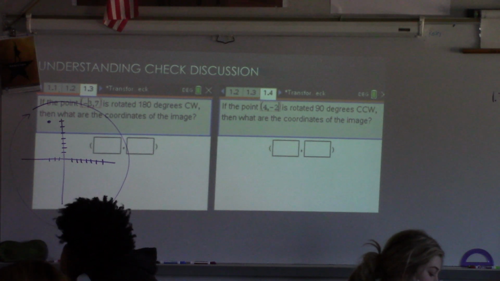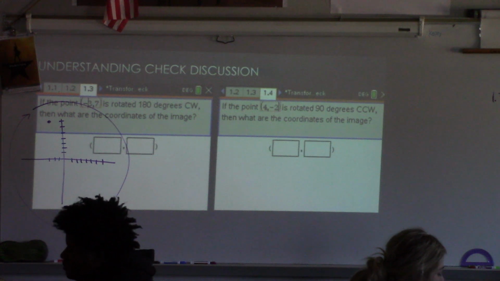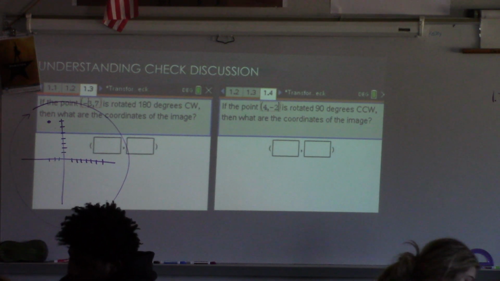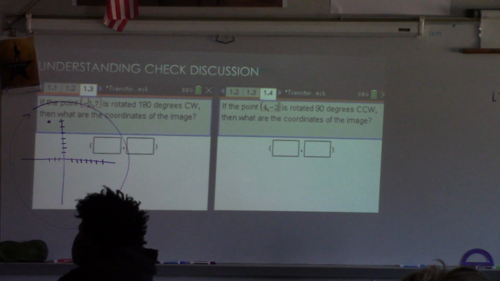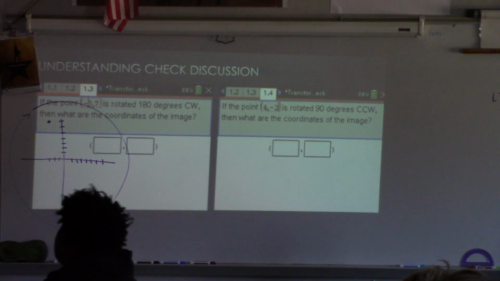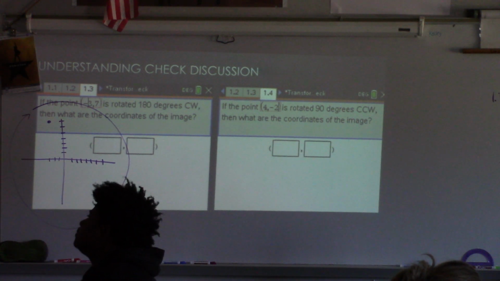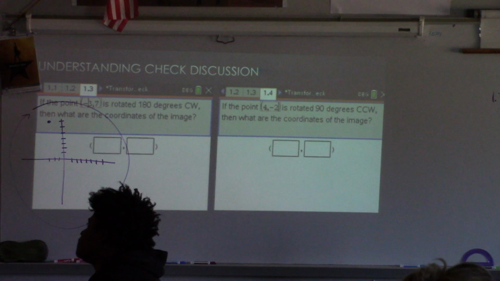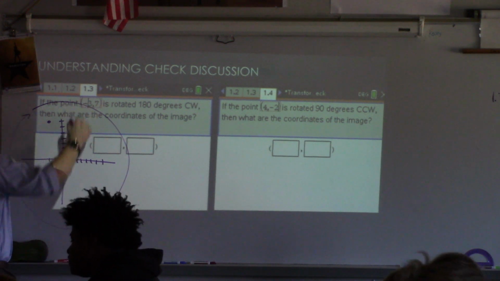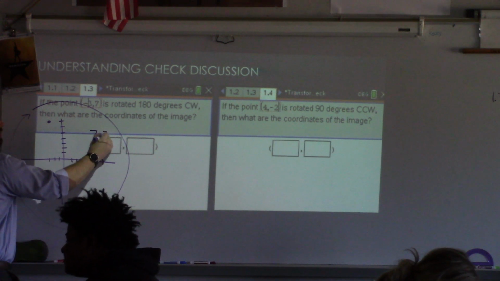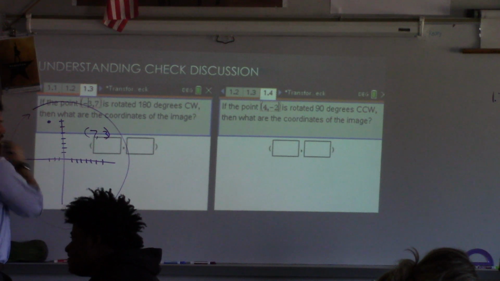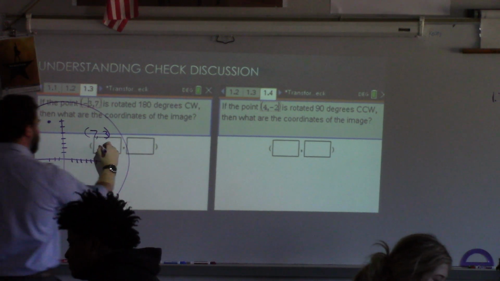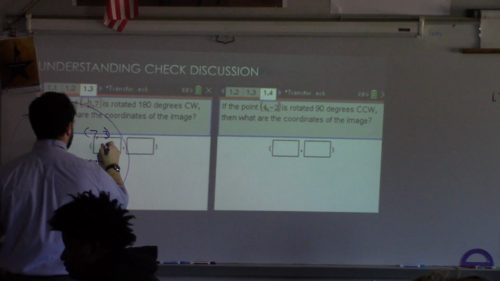The most basic principle that we talked about with a rotation, and so even if you were to try to graph this, you had to remember this rule. What happens when you do a 90-degree rotation? X and Y switch. The X and Y switch, right? So it was -3, 7, so it becomes 7 and then a 3. But looking at the quadrant it's in, are any of those numbers negative?